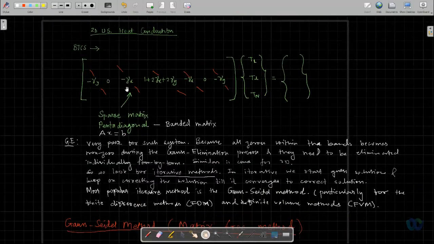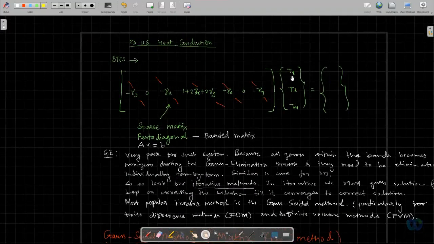Now here, what is the size of this matrix in a single index notation? Anybody? It is n by n, sir. It is n by n.